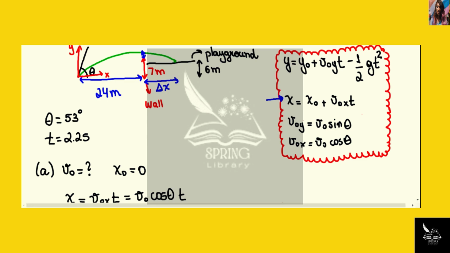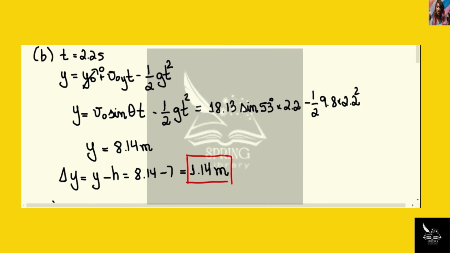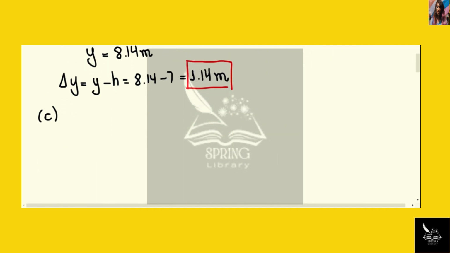In order to do that, first we need to calculate at what time the ball reaches the playground, and then we can just substitute in the formula for the x-coordinate. So first of all, I'm going to use the equation for the y-coordinate in order to find the time at which the ball reaches the playground. So notice that the playground is located at 6 meters above the origin of the y-coordinate. So 6 meters above the ground.